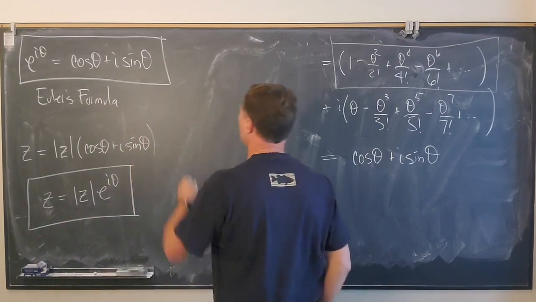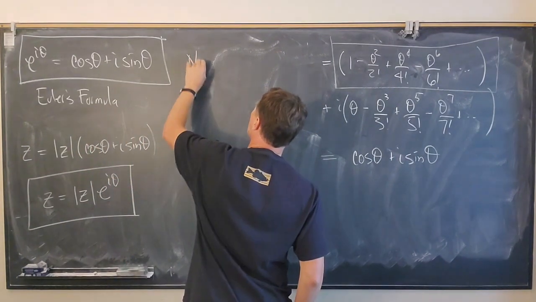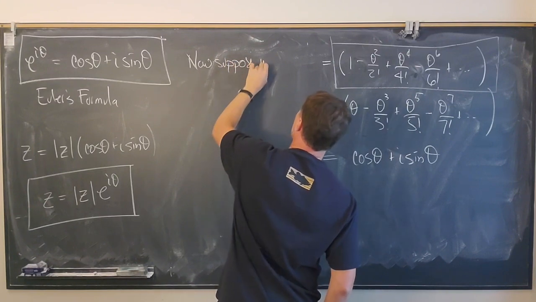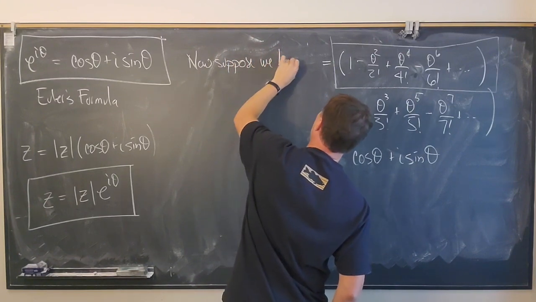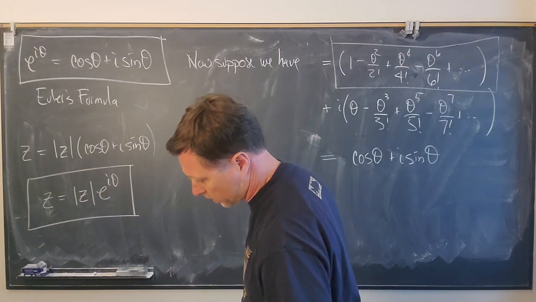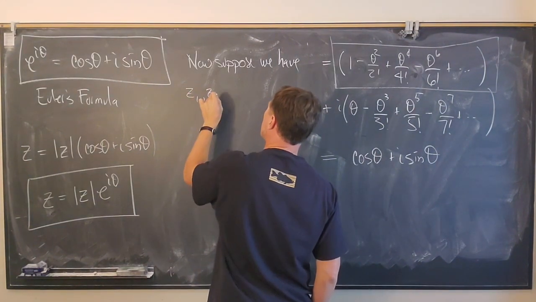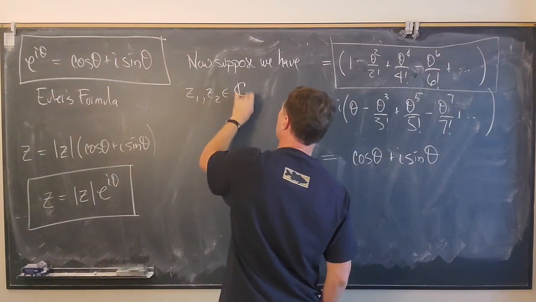So now, suppose we have a couple of complex numbers. Let's call them z1 and z2. These are both complex numbers.